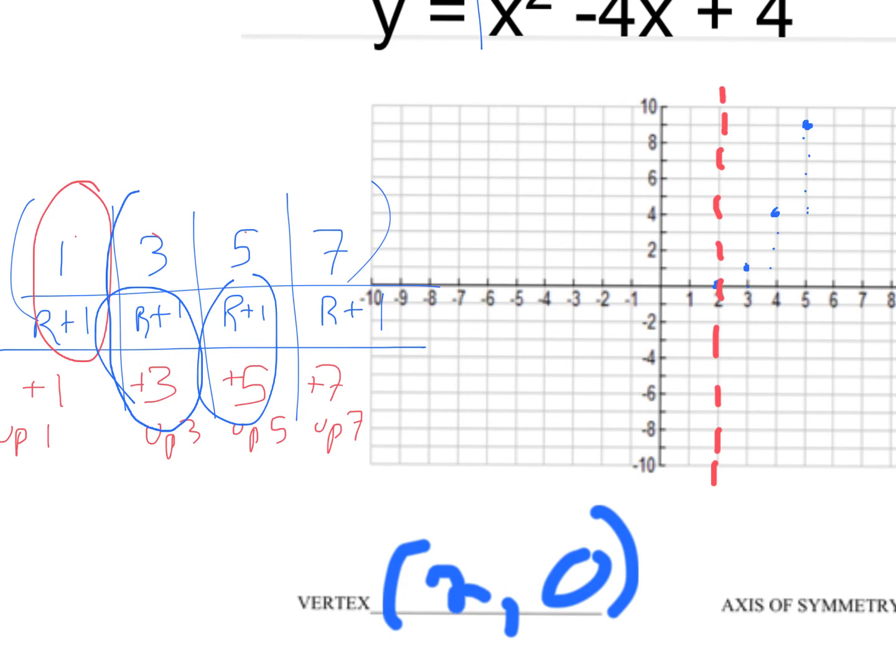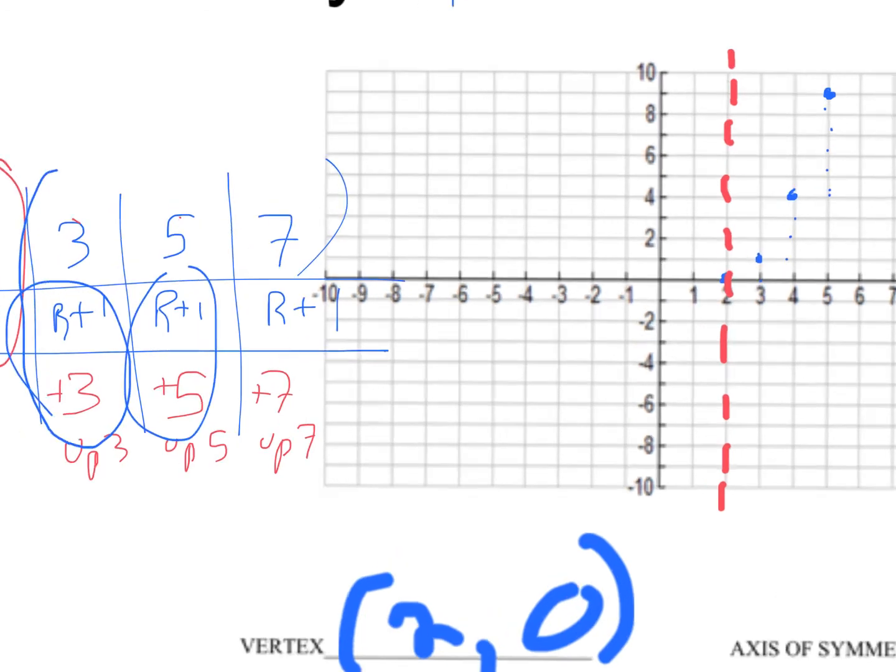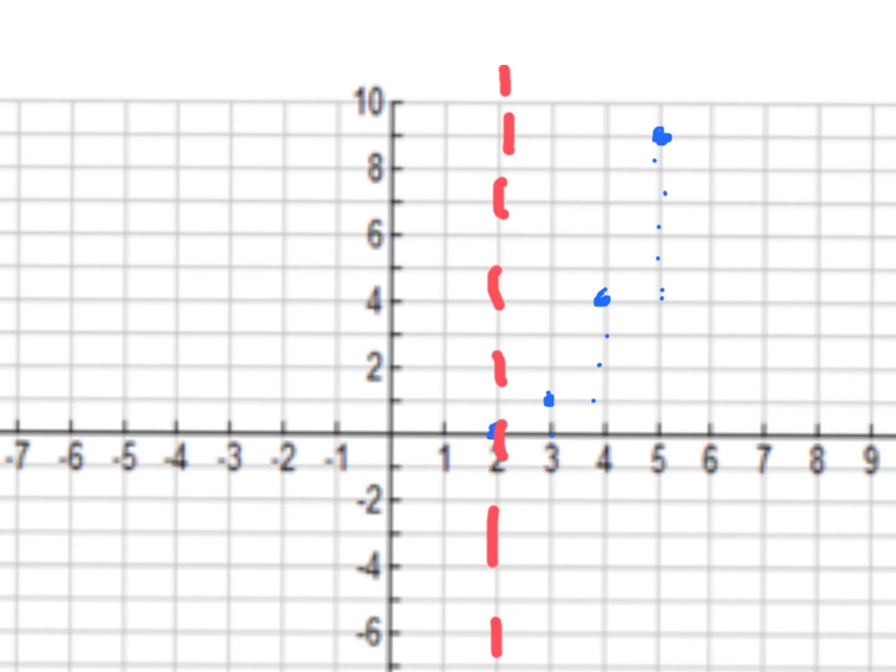So what we're going to do is we are now going to reflect those over the axis of symmetry. Okay, so I'm going to start with this one. So I'm going to reflect 1. Okay, we go 1, 2. This one we go 1, 2, 3.